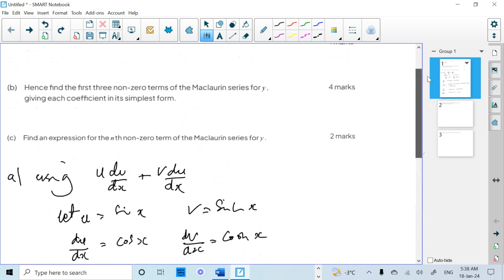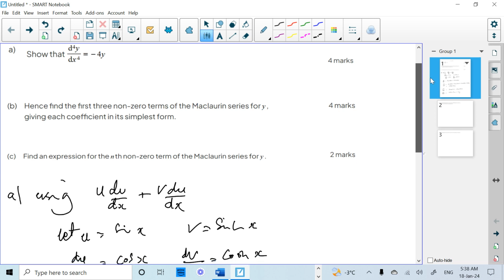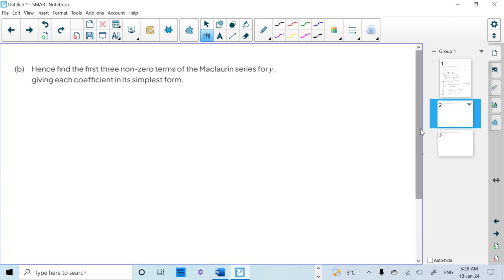Now part B, it's saying, hence find the first 3 non-zero terms of the Maclaurin series for y, giving each coefficient in its simplest form. So let's go to our next page here, and we'll work here. So let's do the math.